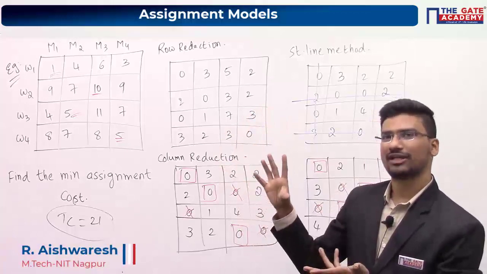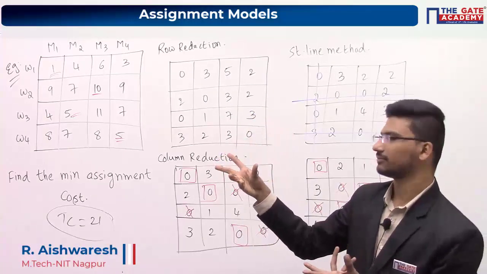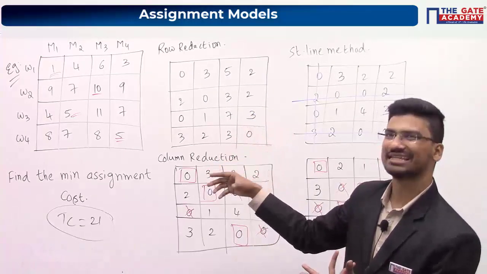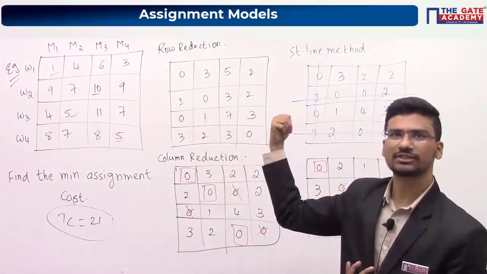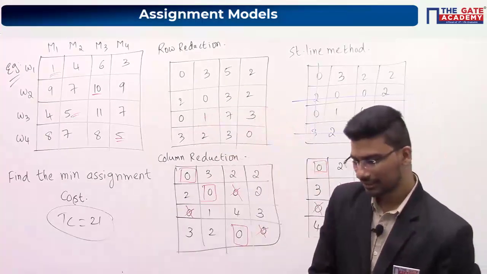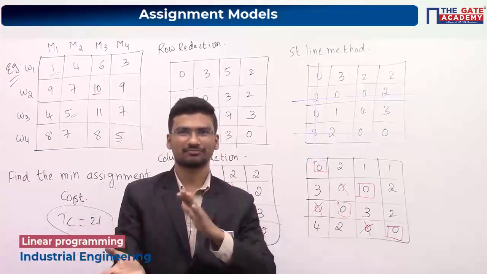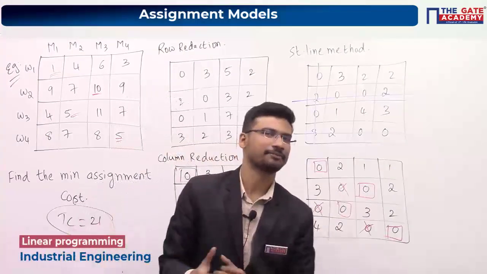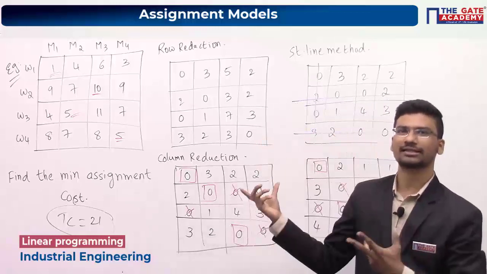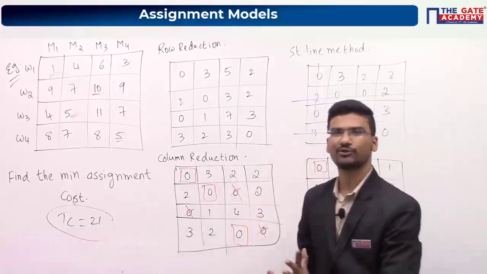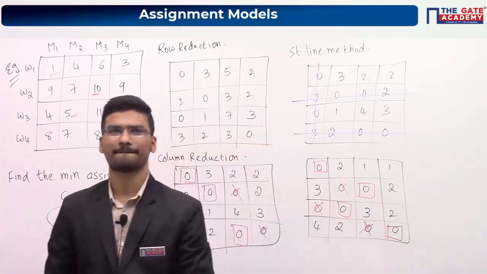If the number of assignments is less than the required number, then you have to use the straight line method. Please take 1 or 2 minutes, revise and go through those things again. If you are having any doubts regarding this, you can ask. Only two algorithms and very simple.